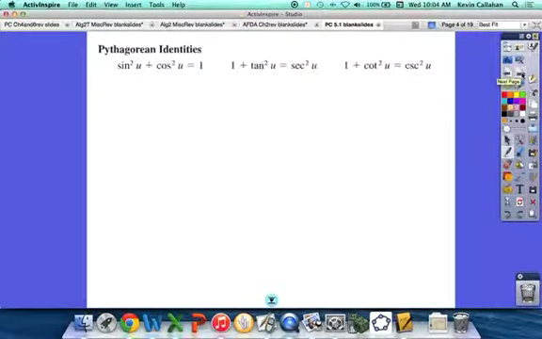Right. The next, these are really, really, really important. The Pythagorean identities. Where this comes from is the Pythagorean theorem. If you imagine on the unit circle, here's the angle U, the radius is 1.